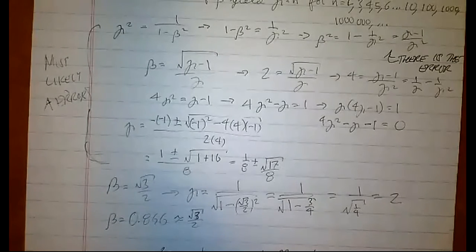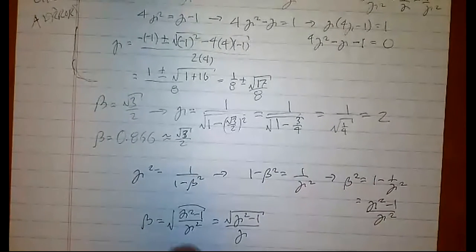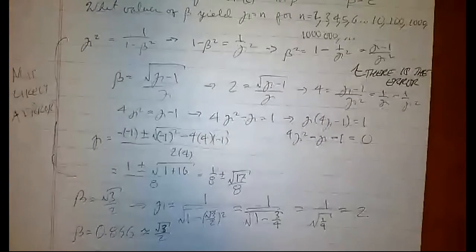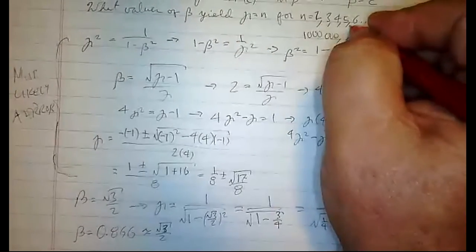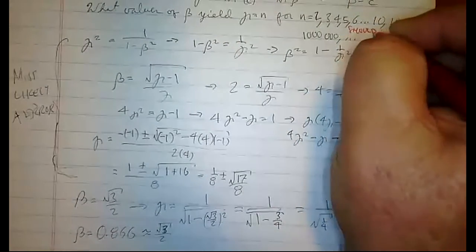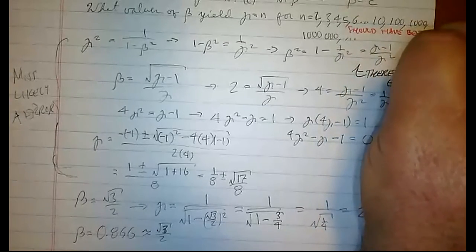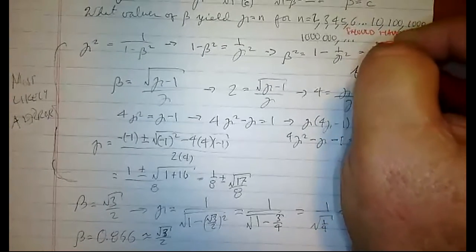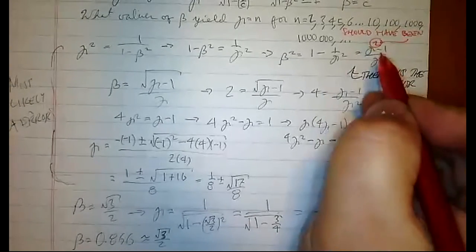Then I would have gotten 3/4, and you take the square root of that and get root 3 over 2, which is exactly what we found just now with the 86.6 when I made this equal to 2. So that's the error. It should have been a 2 there.